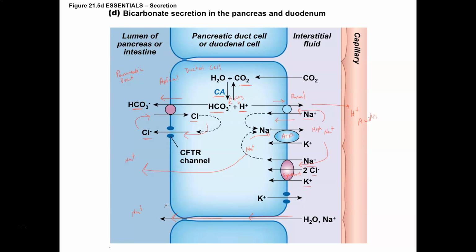From a clinical standpoint, if these CFTR channels are not functioning properly, you may notice that they are labeled CF, which stands for cystic fibrosis. So these are cystic fibrosis transmembrane channels. If a genetic defect was inherited, then these chloride channels would not be functioning.